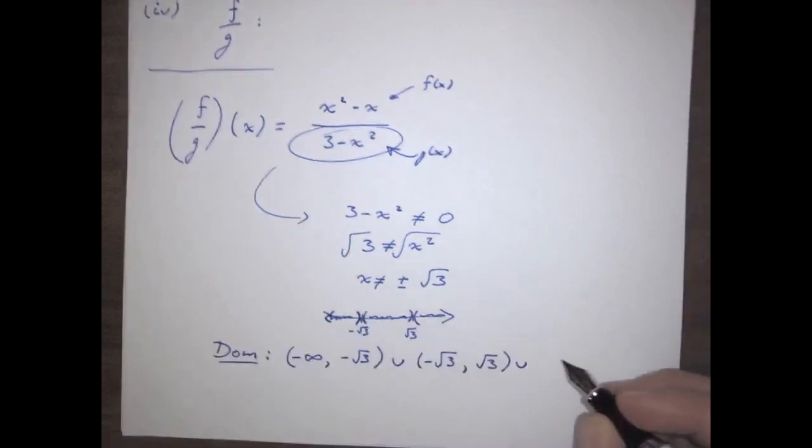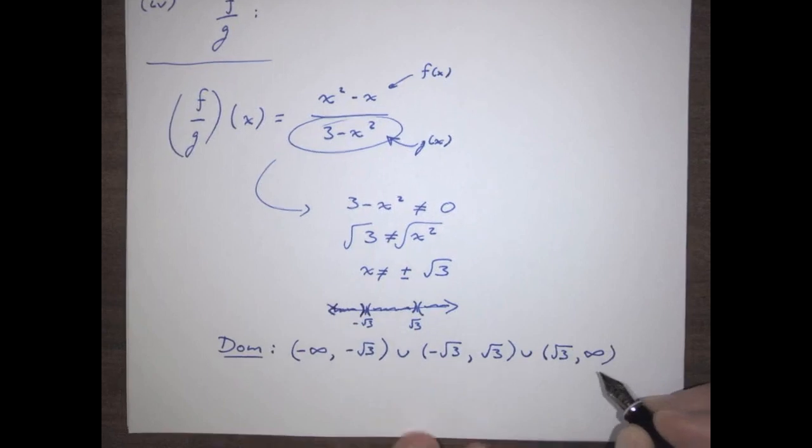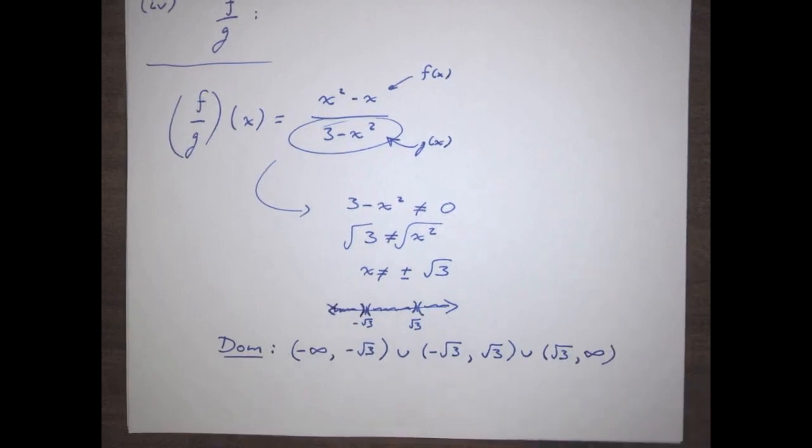And then it's going to be everything from root 3 up. But not including any of those end values. So the whole point of this is that it can't be negative root 3, can't be positive root 3. So it can be everything either before, between, or after those values.